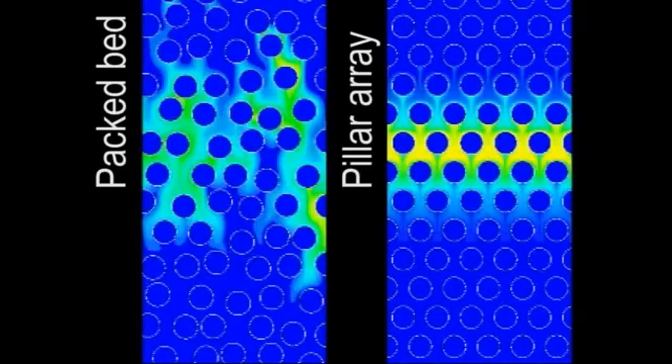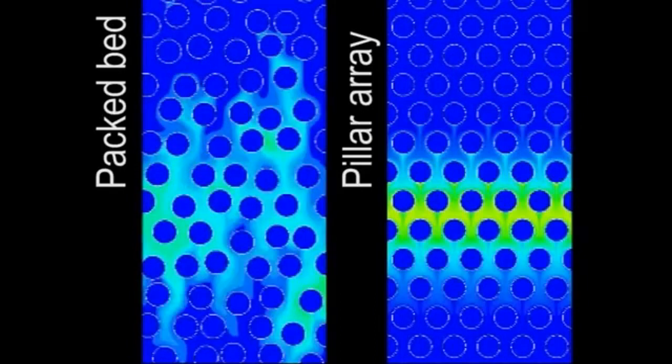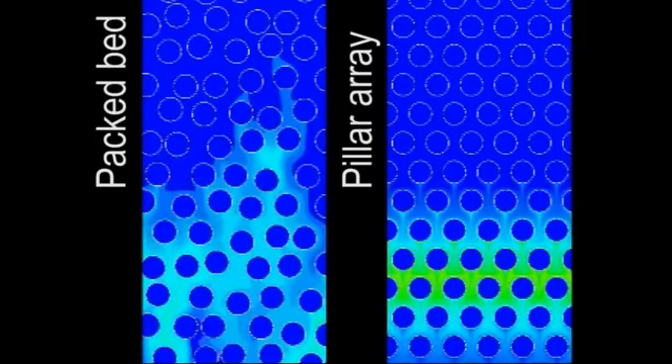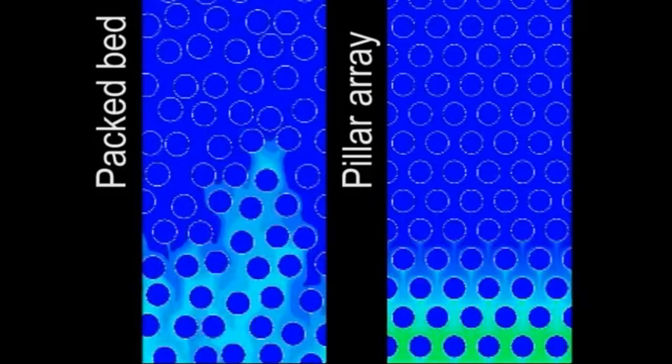This will affect the separation resolution and cause dilution of the sample, whereas in the ordered case, the sample plug remains very nicely conserved and the intensity remains high, resulting in improved resolution and high signal-to-noise ratios.